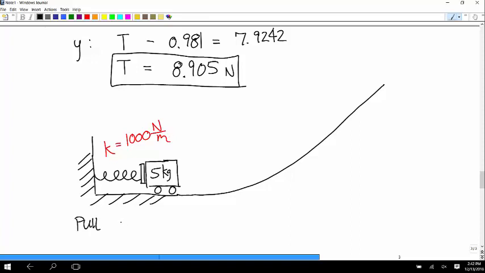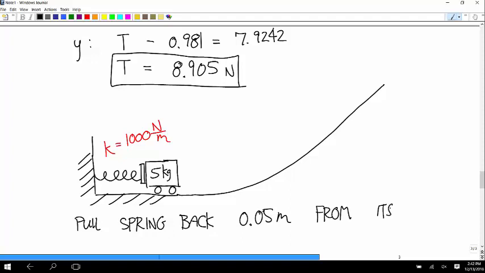And we pull the spring back 0.05 meters, so 5 centimeters from its resting length, and let it go.